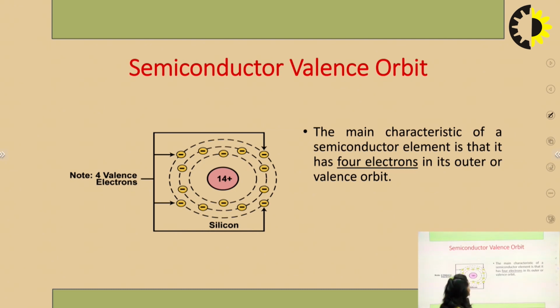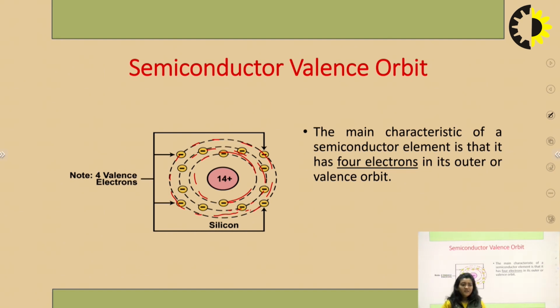Moving to the valence orbit of a semiconductor like silicon, this is the innermost shell. We have 2 electrons in the innermost shell, then 8 electrons in the middle shell, and in the valence orbit, the outermost orbit, we have 4 electrons.